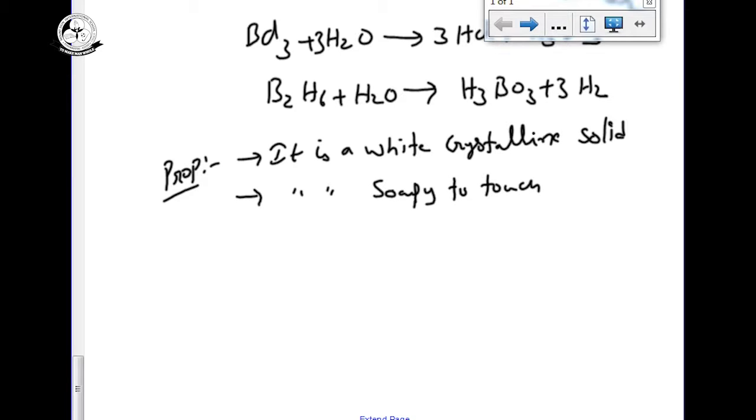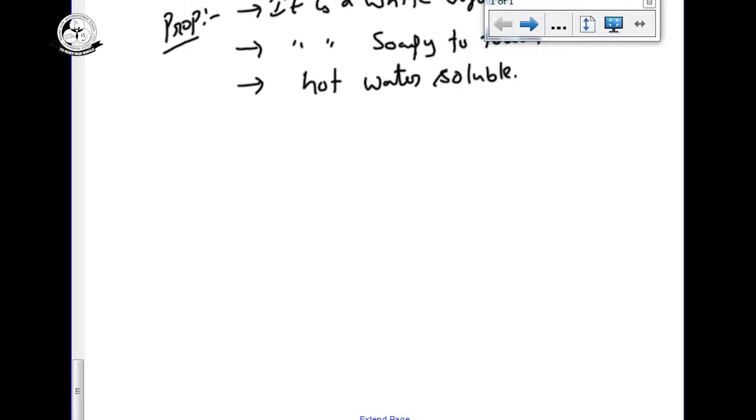Generally bases are soapy to touch, but the special property of orthoboric acid is that the acid is soapy to touch. It is sparingly soluble in normal water and highly soluble in hot water. And boric acid is soluble in HF also due to the formation of fluoroboric acid.